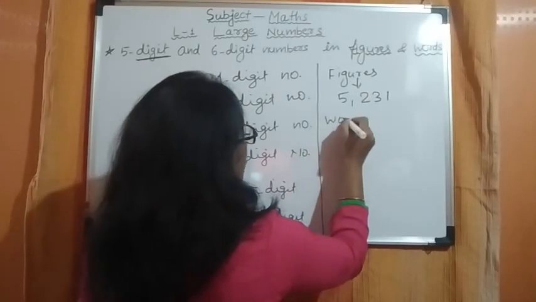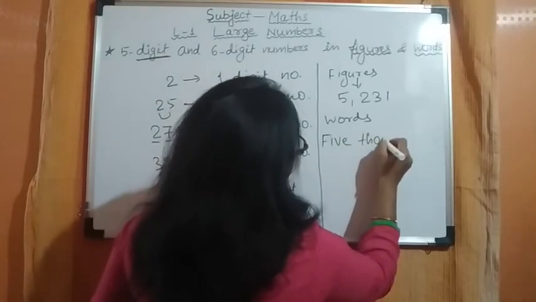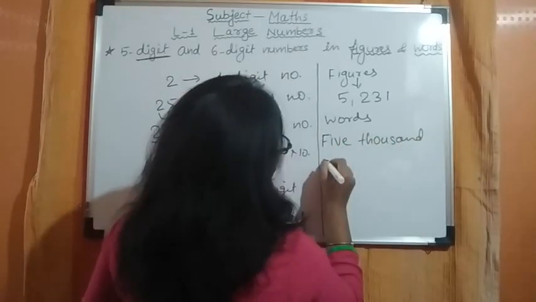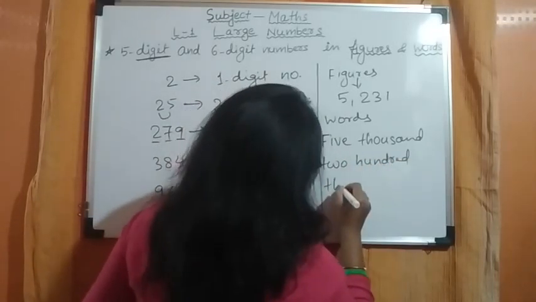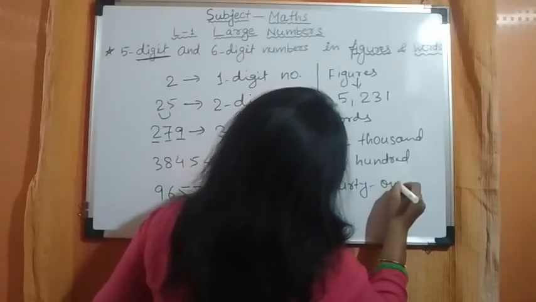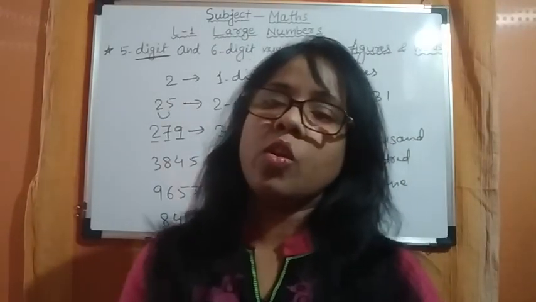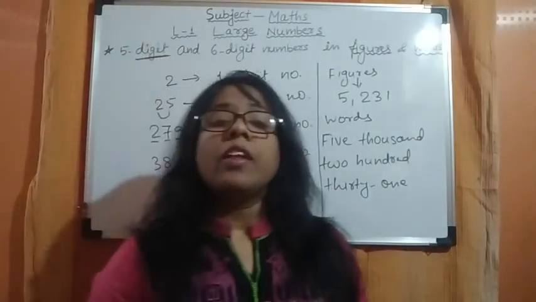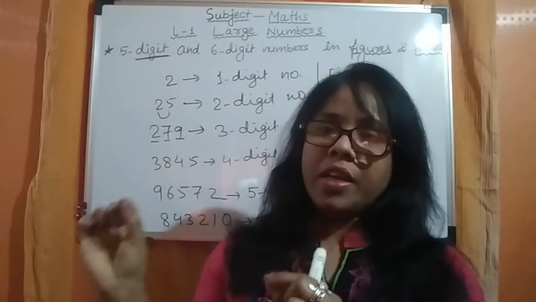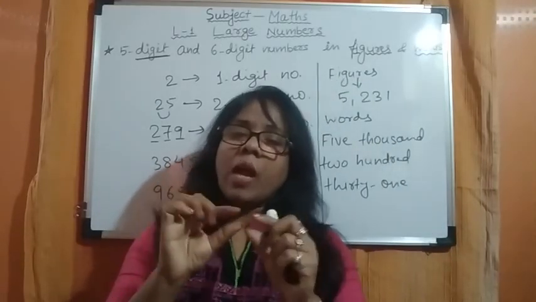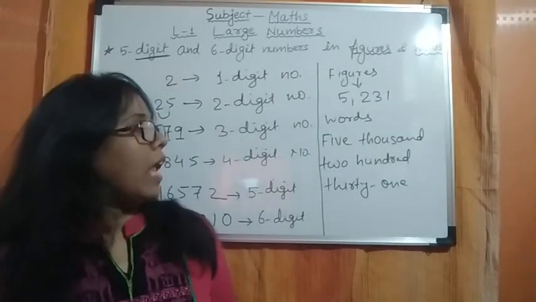When we are writing it in words, we will write like this. Figures means you have to write in digits and words means you have to write in words, like five, 5, thousand, 1000, like that.